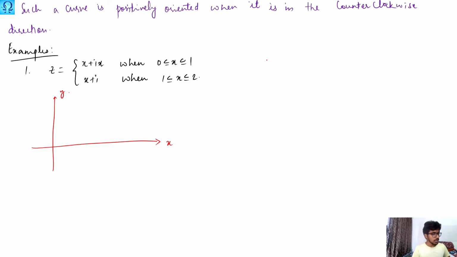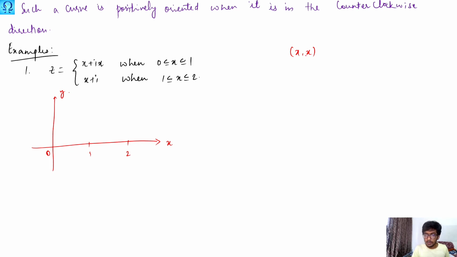From 0 to 1, what is happening? Let me consider this as 0, this as 1, and this as 2. x is varying, so I don't have to bother about y. When x is 1, I have x plus iota times x, so in a coordinate system, this is simply x comma x.